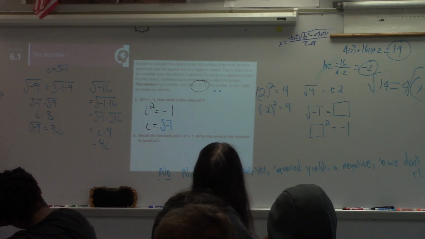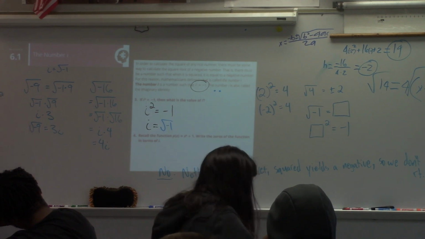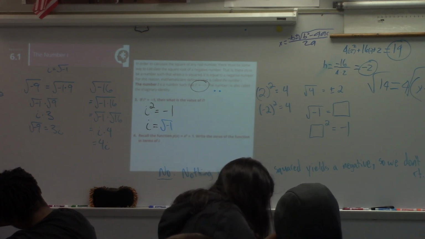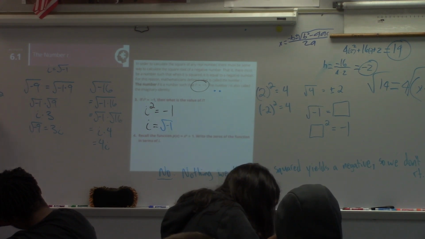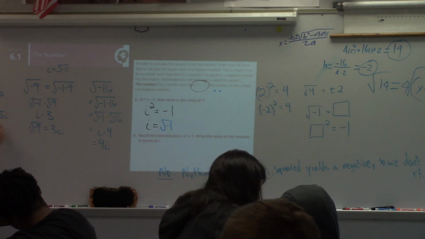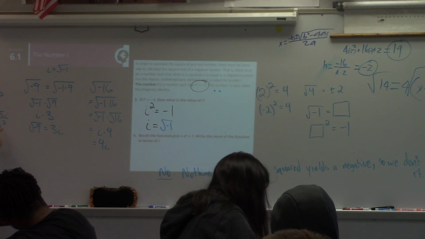So here's what I want to point out. Remember how nothing squared before gave us a negative number? By doing 5i and squaring it, I can get a negative, because that is 5i times 5i. What is 5 times 5? 25. And what's i times i? Negative 1. i squared. And what is i squared? Negative 1.